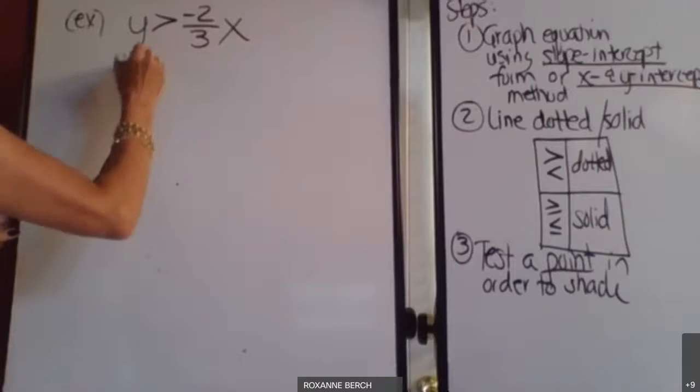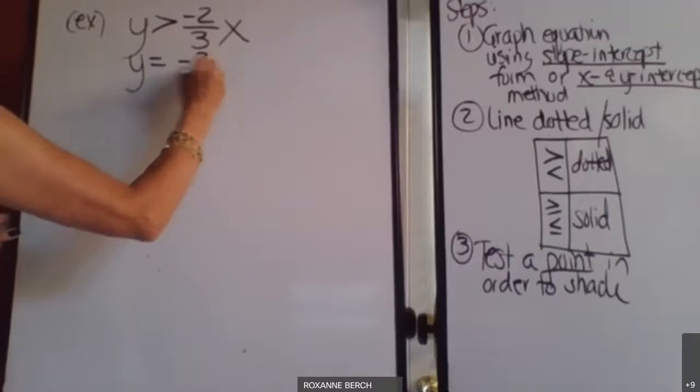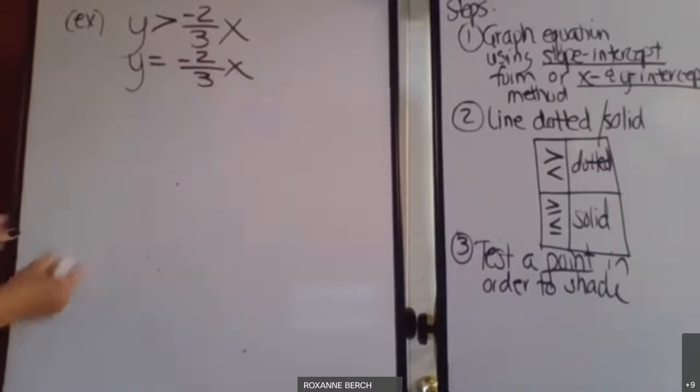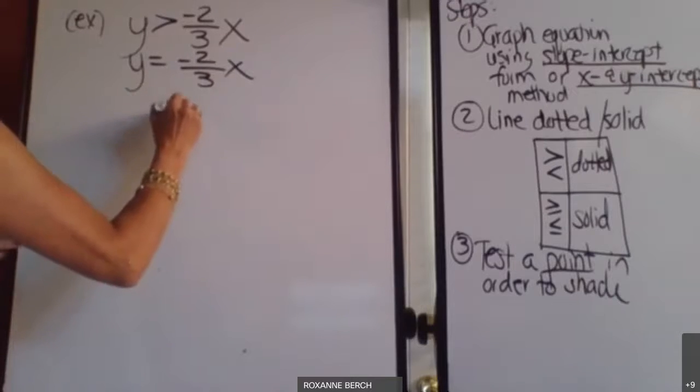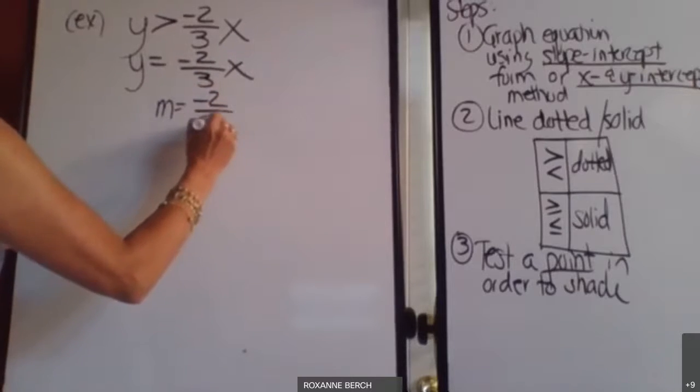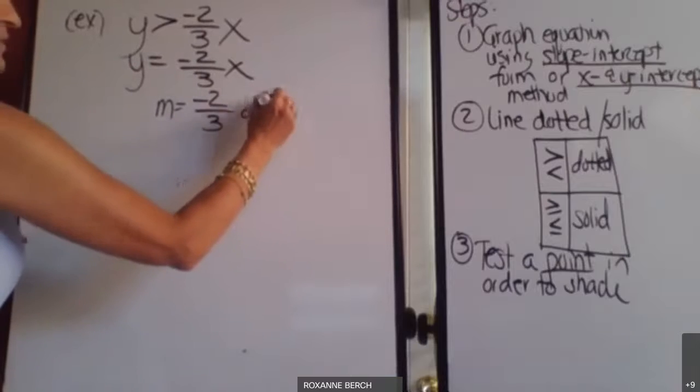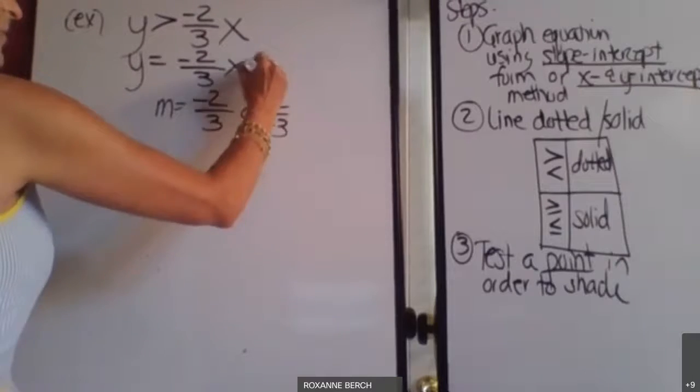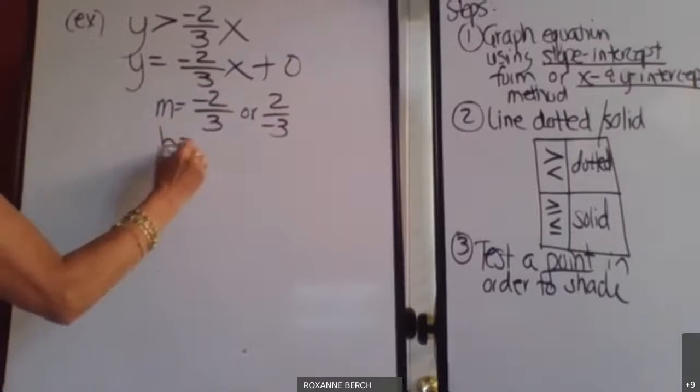So I'm going to write the equation as negative 2/3 X. So remember slope-intercept form? The slope would be down 2, right 3, or up 2, left 3. And the y-intercept is 0.